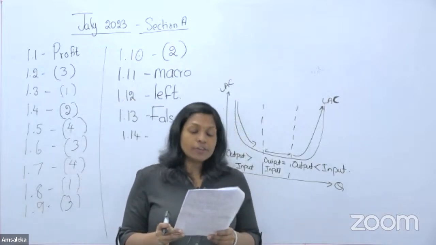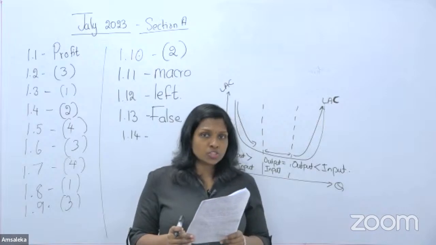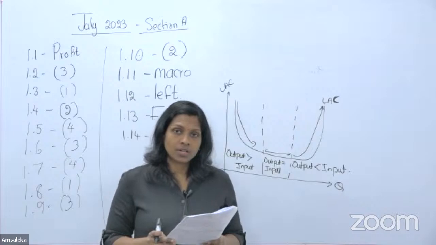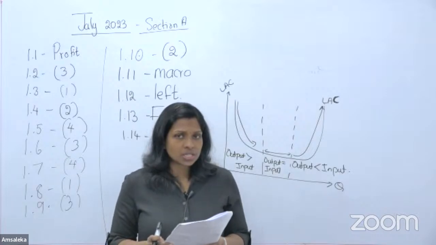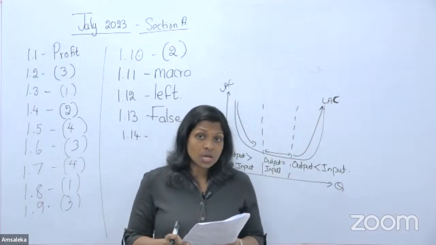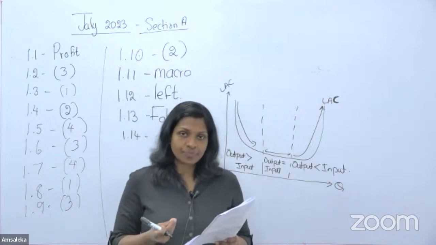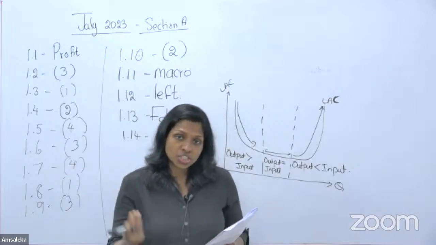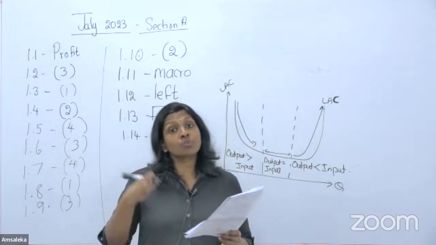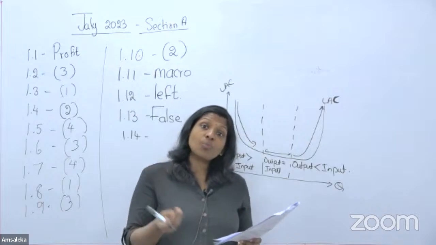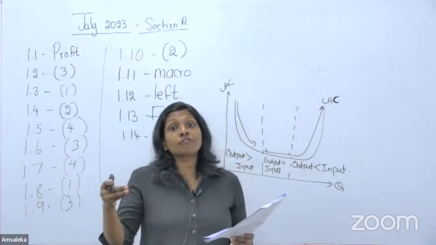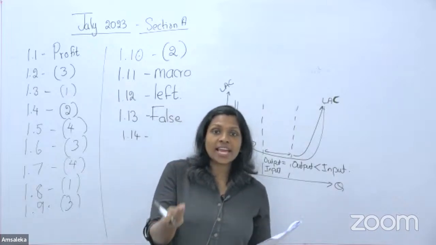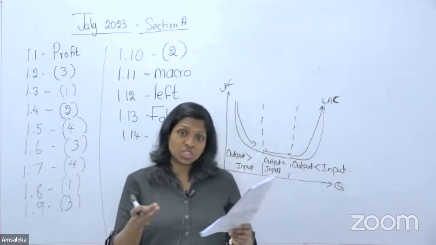Okay, 1.14. The very first word is marginal. So what is the meaning of marginal? Normally I ask you, additional or extra. So marginal can be marginal revenue, marginal production, marginal cost, marginal utility. It's about the additional change because of another additional change.